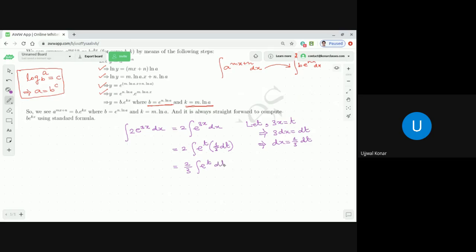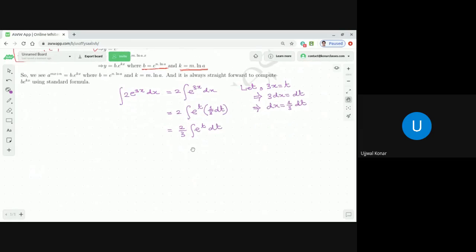Dear students, all of you understood? Absolutely clear? So that means 2 by 3, and we know integration of e power t is e power t plus c, where c is the integrating constant.